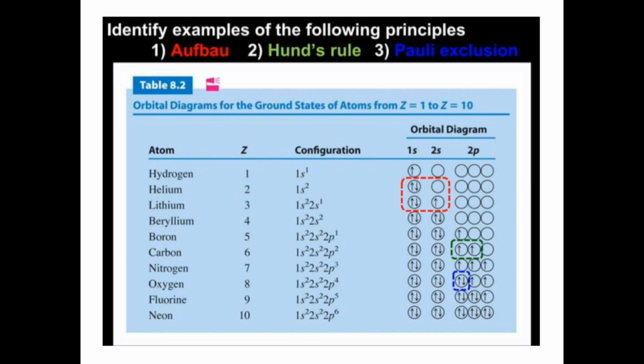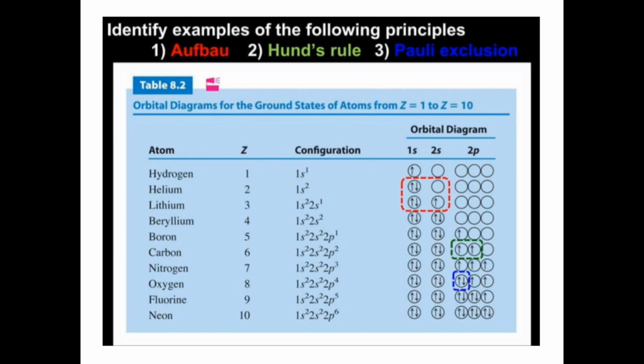This fulfills the Aufbau principle. By the time you get to carbon, we can talk about Hund's rule, that you fill singly before you pair. For instance, let's look at carbon, nitrogen, and oxygen. Carbon is 1s2, 2s2, 2p2.